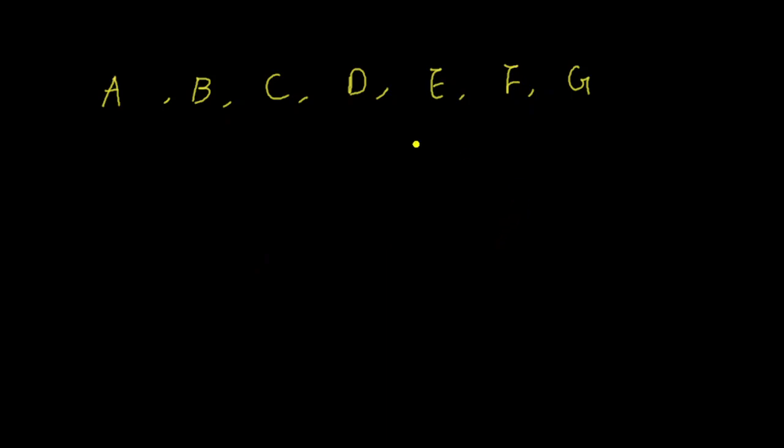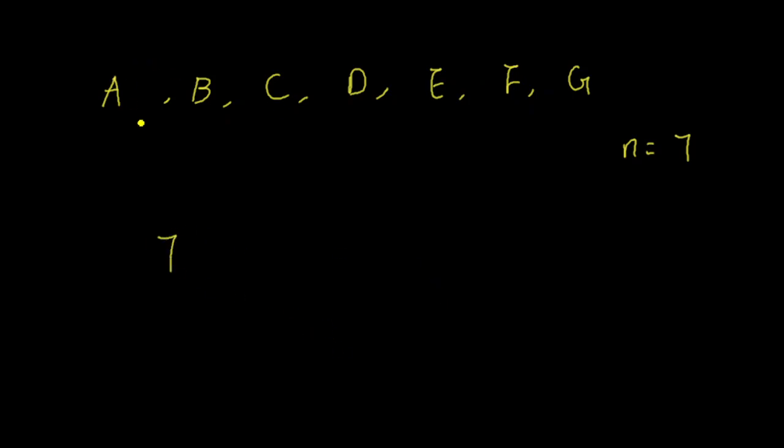When you're trying to arrange these letters, when you begin, let's say you have 7 letters, so then you have n letters here. So in this case, n is 7. So when you begin arranging the first letter, how many choices do we have? You have 7 choices because you can pick any of these letters, right? So you have 7 choices to begin with.